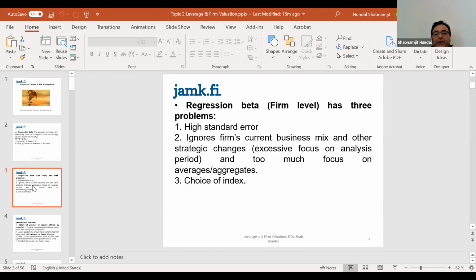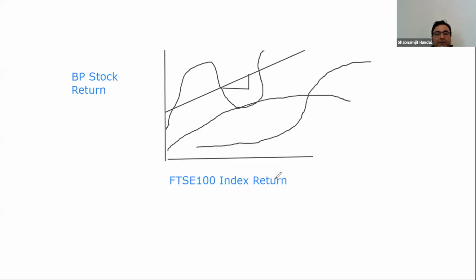And thirdly, the choice of index could vary. Your beta depends upon the choice of index. For example, I go back here. In the example that we were covering, we took the index, the index we took was FTSE return.